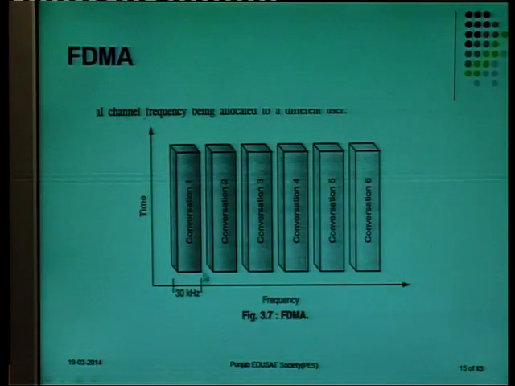So, this is 30 kilohertz, then there is some guard band, then again conversation second, again 30 kilohertz, then conversation third, again 30 kilohertz, and so on. The guard band is again there in between each of these users, but they are transmitting or communicating for the whole duration of time.